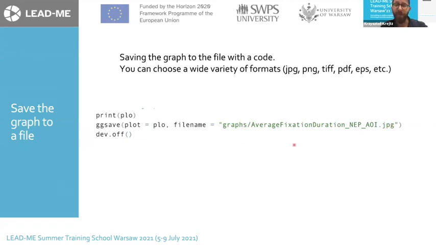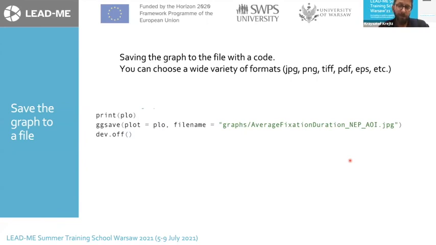Instead of using JPEGs or PNG files, I really recommend using PDFs, as PDFs are vector graphics, which usually keeps the quality despite what you're doing with the size of the graphs.